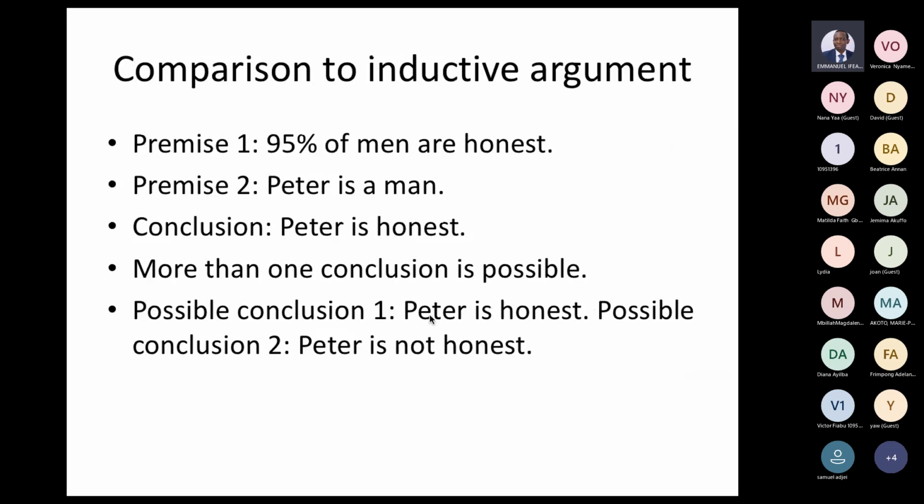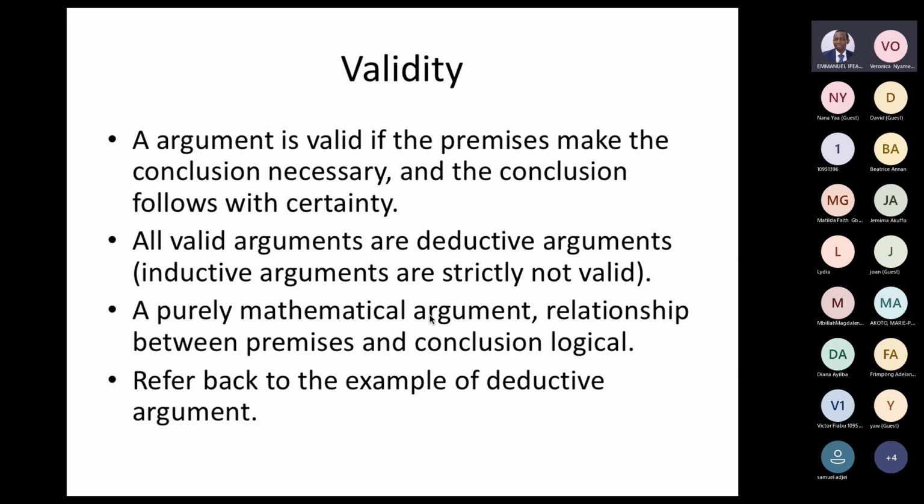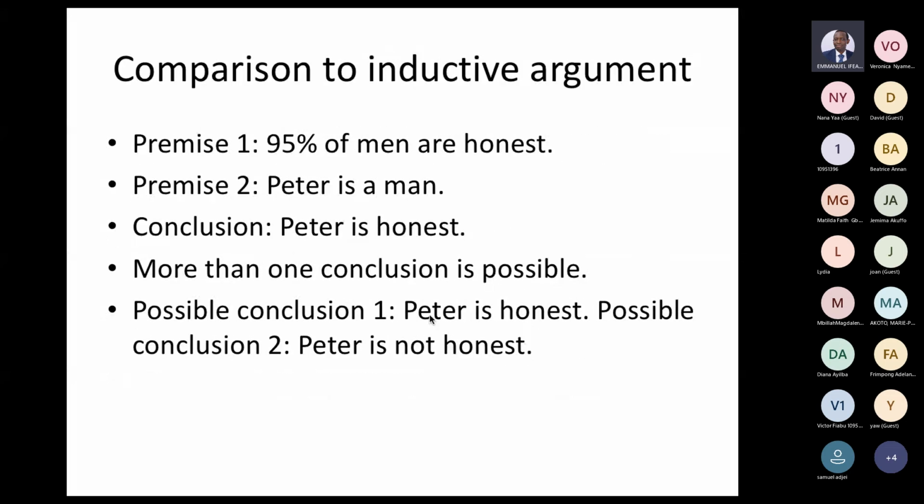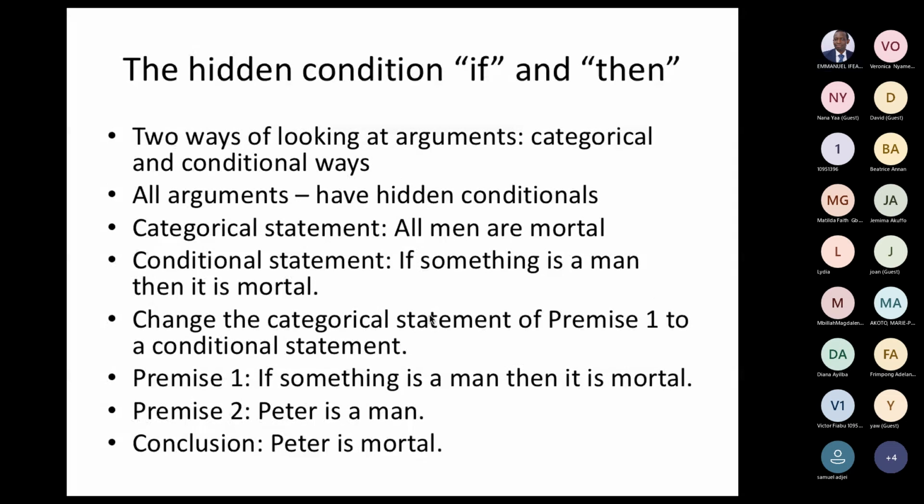Then we saw validity. An argument is valid if the premises make the conclusion necessary and the conclusion follows with certainty. And we said all valid arguments are deductive arguments. Inductive arguments are not valid. So we saw the four kinds of deductive arguments.